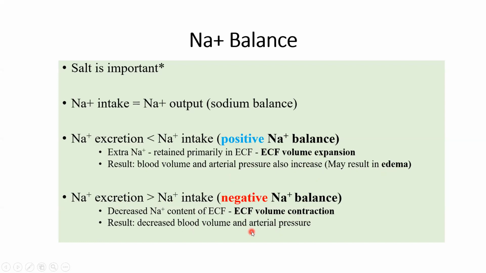Okay, so having said all of this, generally speaking, sodium homeostasis is pretty constant and robust as compared to, say, potassium. We'll discuss this later in another lecture. Potassium's value range in ECF is very narrow.